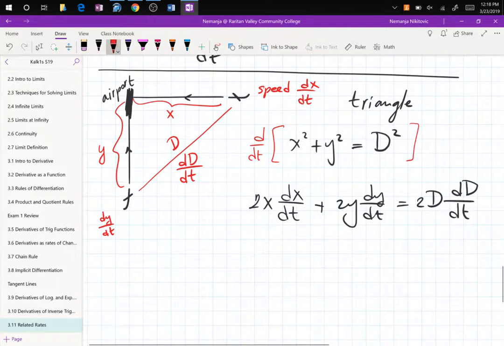These 2's are going to drop everywhere, and look what you have. You have the distance, how far airplane X is from the airport, and the speed at which that airplane is moving.